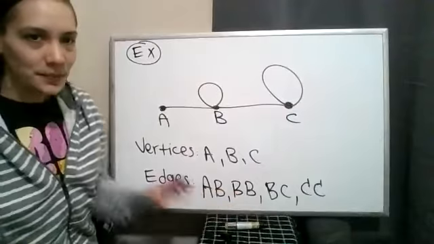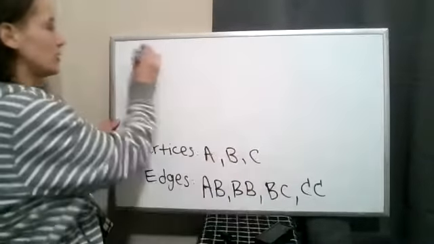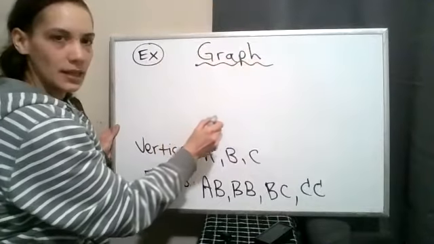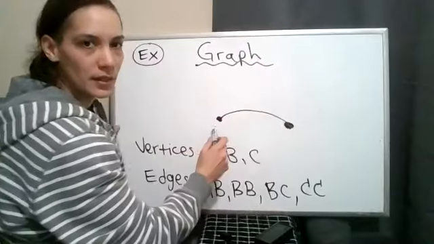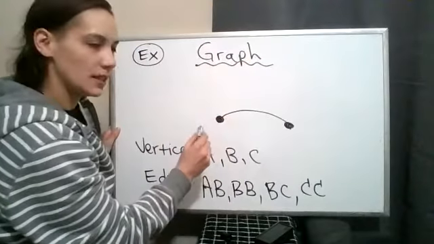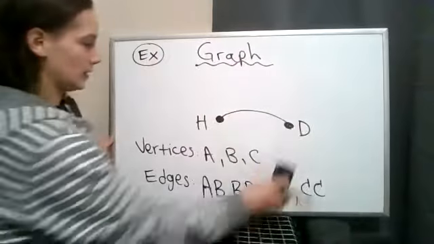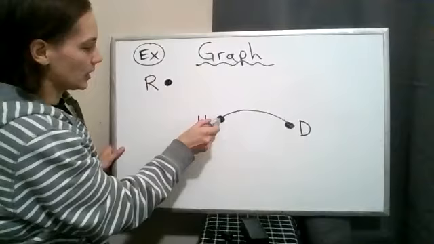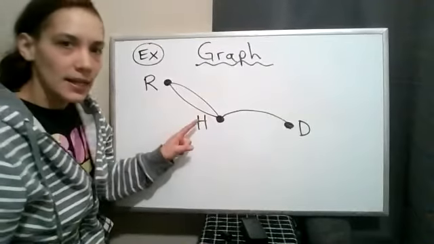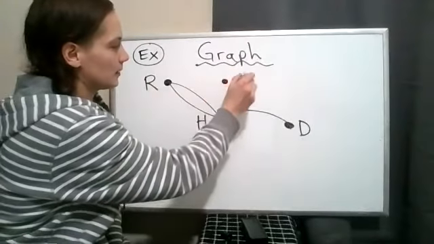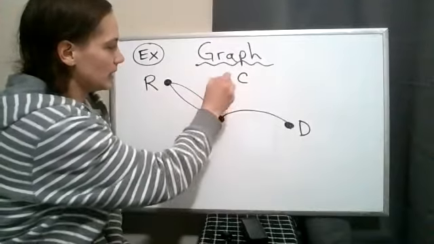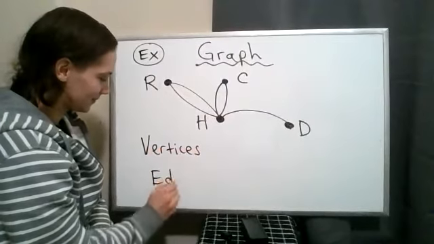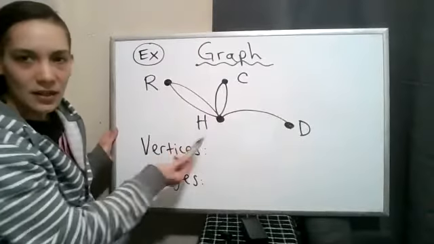Ooh, cool. So we have a graph that has a hook over from, let's call this H, and this is D. This will be R, and we have multiple edges from H to R, as well as a vertex here called C. Multiple edges from H to C. Okay, we list all of the dots as the vertices.